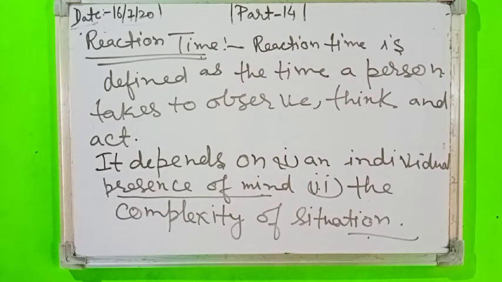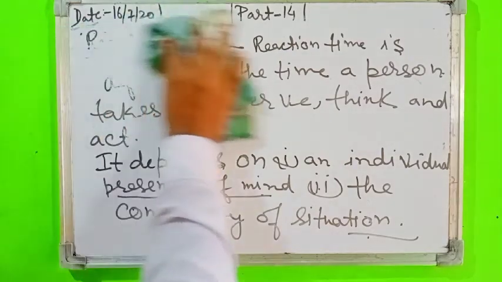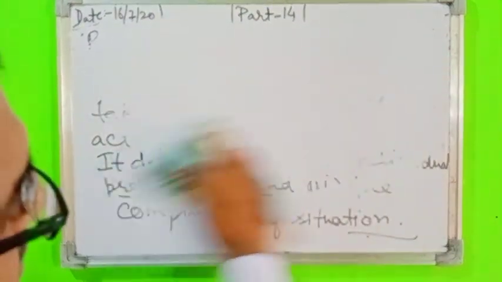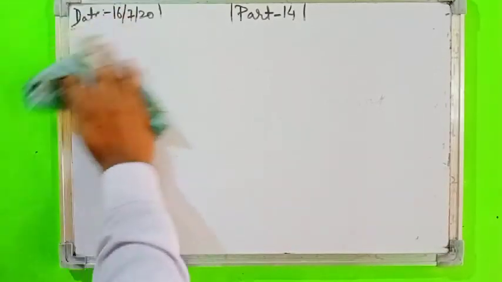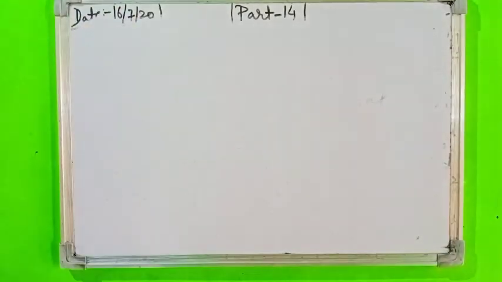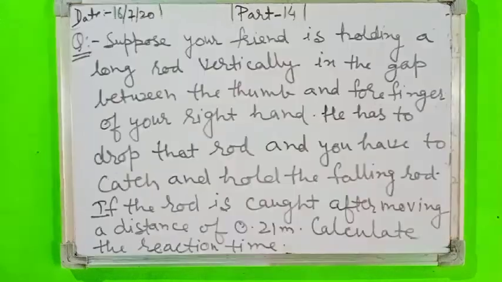And if there is a very complex, rigorous situation in front of the person, then also the reaction time increases. So we have to solve a numerical for the calculation of reaction time. A situation is given to you, and for that situation you have to find out the reaction time for that person. Look at that numerical.